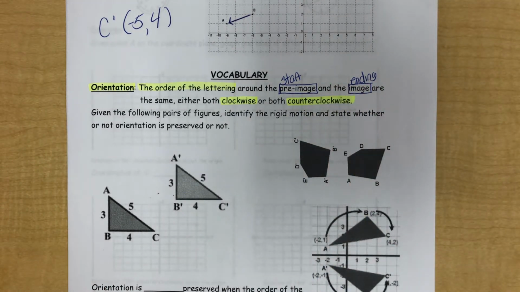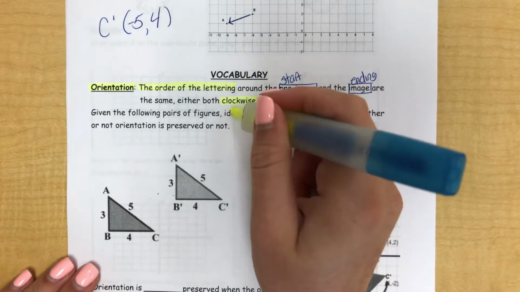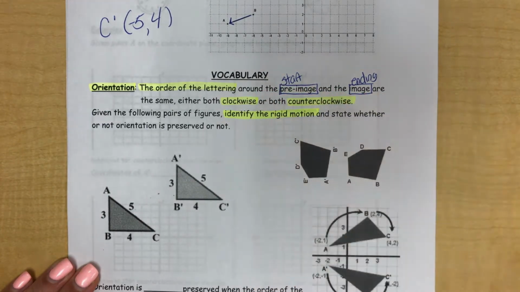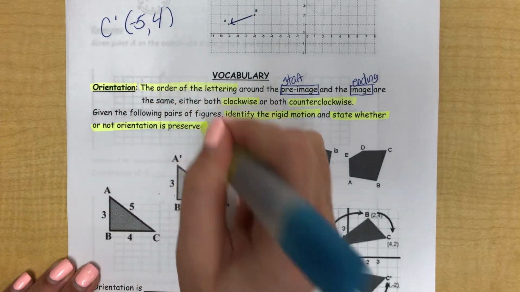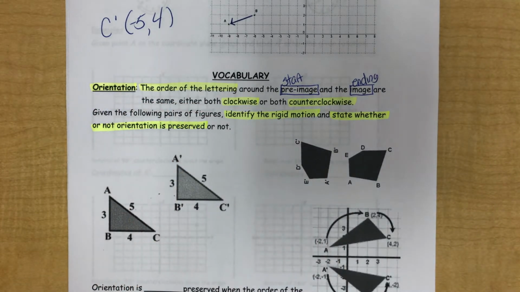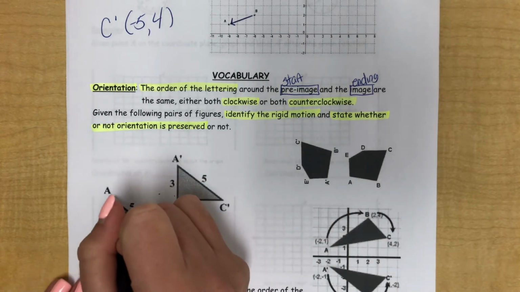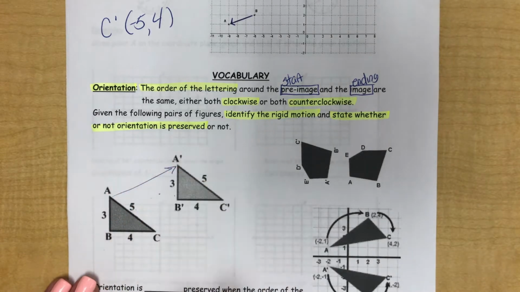All right. The question says, given the following pair of figures, identify the rigid motion and state whether or not orientation is preserved. So let me highlight the question again. It says, identify the rigid motion, and we have to say whether or not orientation is preserved. If I look at the first example on the left here, well, here's A prime.